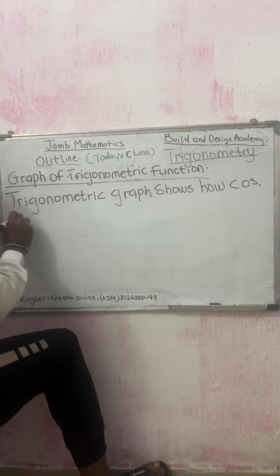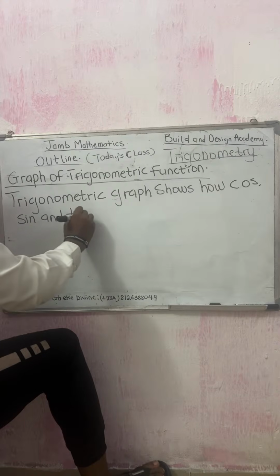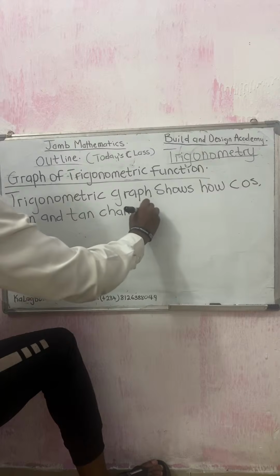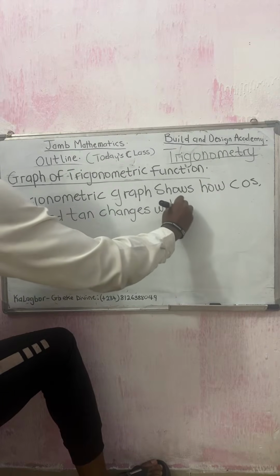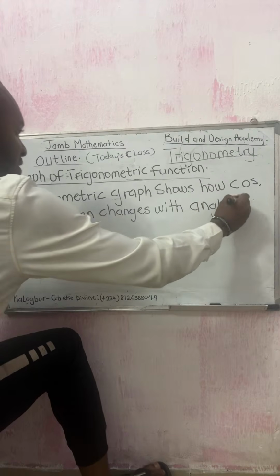Cos, sine, and tan change with respect to what? Angles. Please write this down.